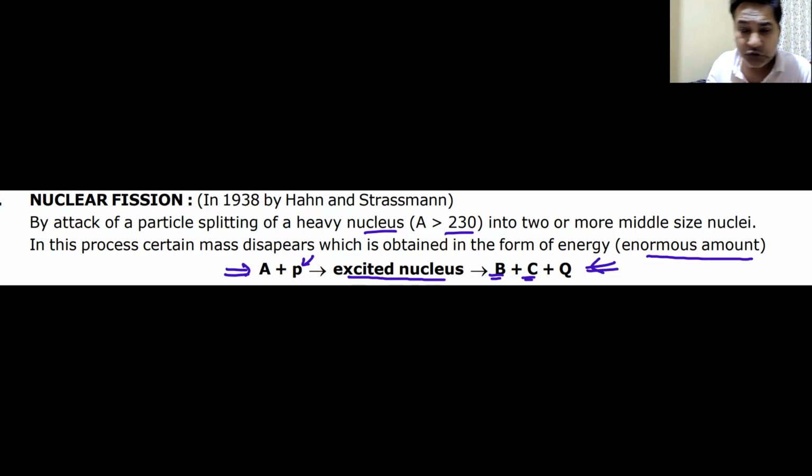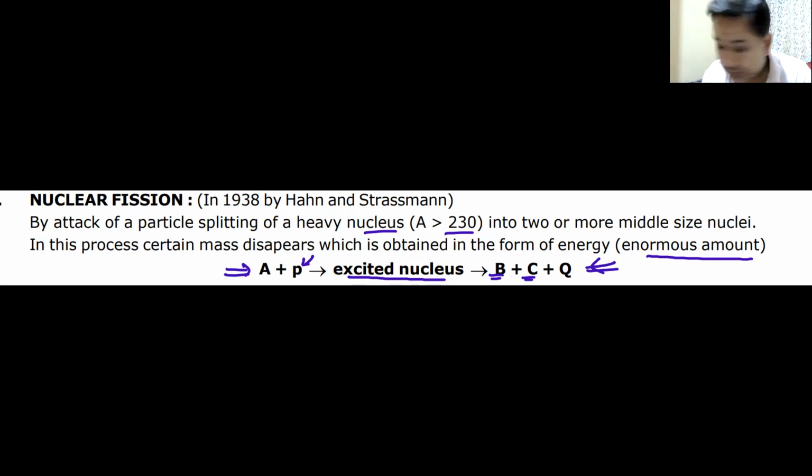And we'll have Q, which is a large amount of energy released. Have you noted this down?